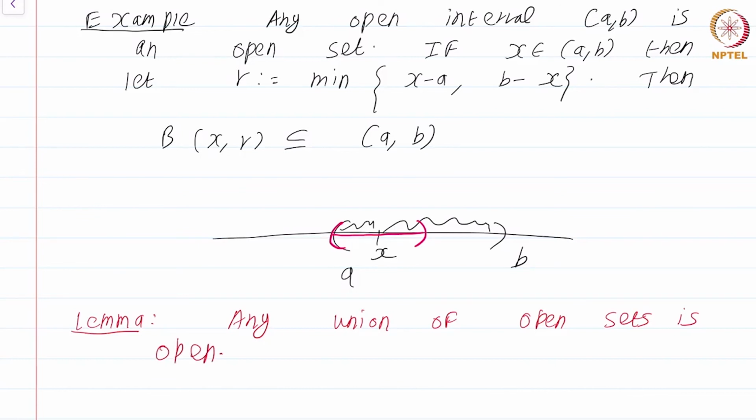It could be you take infinitely many open sets also and take its union, it will still be open. Why is this the case? Well, if you take a point X in this union, it has to be in one of the things which you are taking a union, and that set is open, and that means every point of that set is an interior point, and now you can finish this argument.